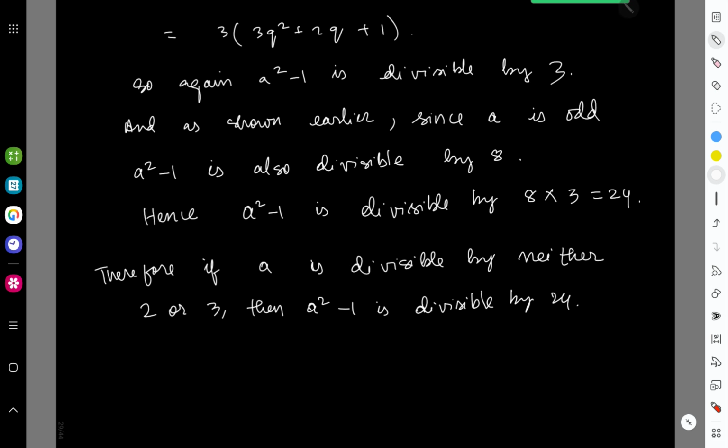And as shown earlier, since a is odd, a squared minus 1 is also divisible by 8. Hence a squared minus 1 is divisible by 8 times 3 is equal to 24. Give the conclusion. Therefore, if a is divisible by neither 2 nor 3, then a squared minus 1 is divisible by 24. I hope you understand question number 7.